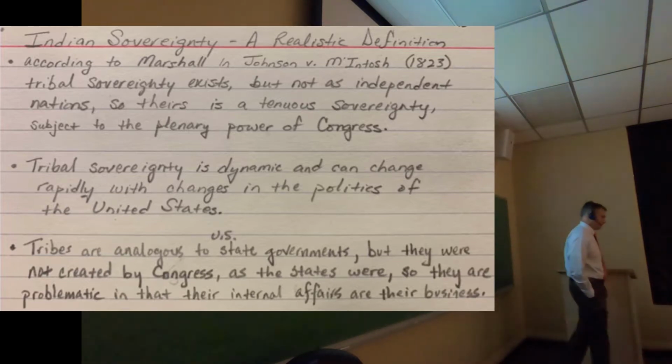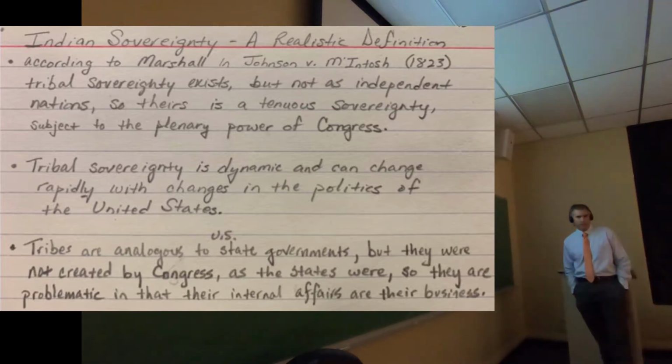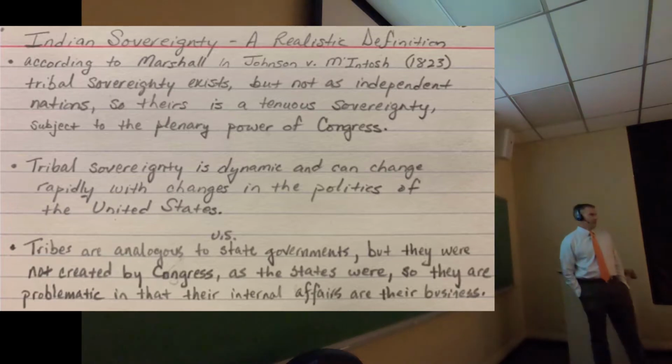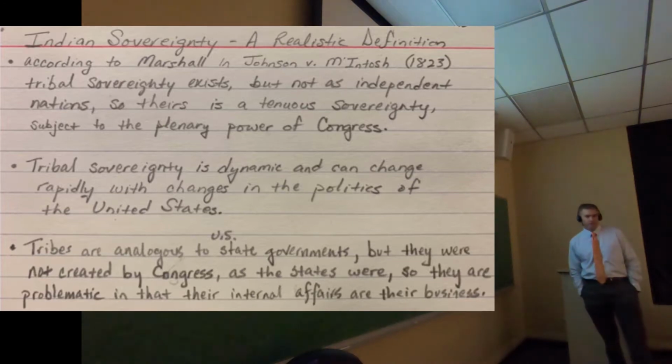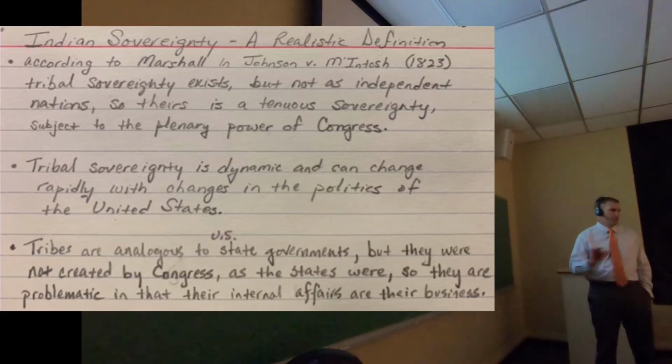He implemented the New Deal and completely changed Indian policy. And then it would pretty much completely change again in the early 50s, and then again around 1970. So in the 20th century in particular, it's changed rapidly, dramatically.